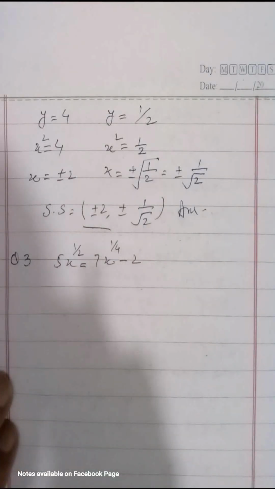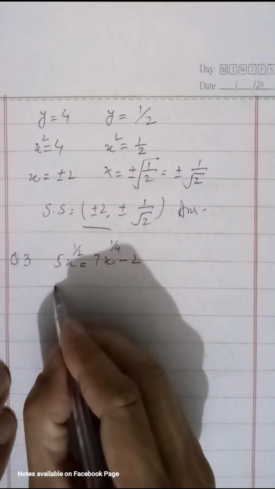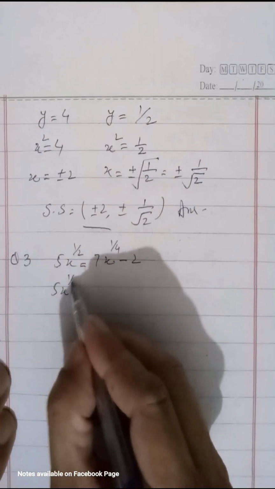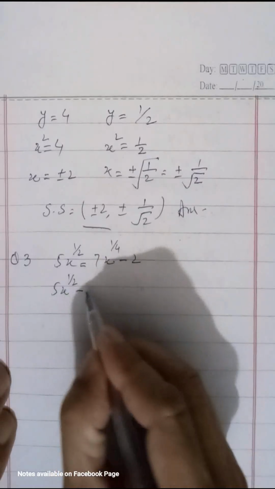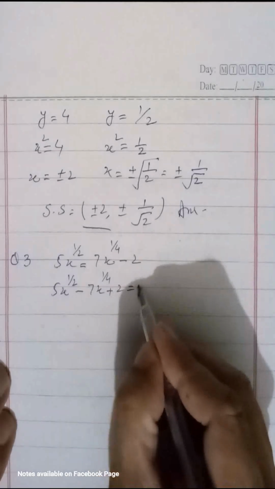Now we convert it into standard equation form, which is 5x power 1 over 2 minus 7x power 1 over 4 plus 2 is equal to 0.